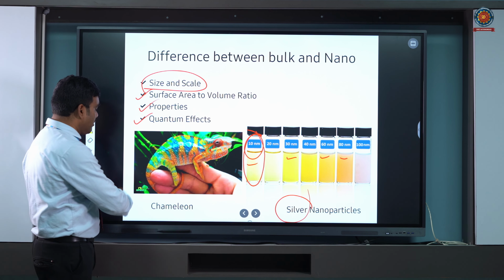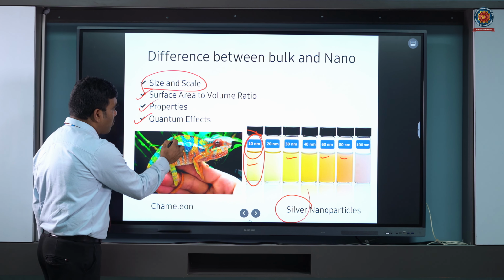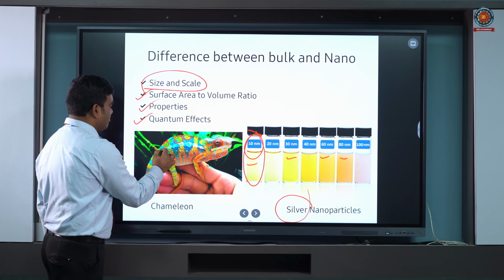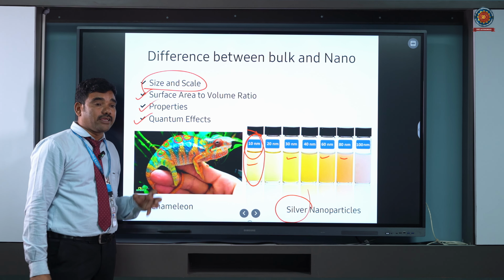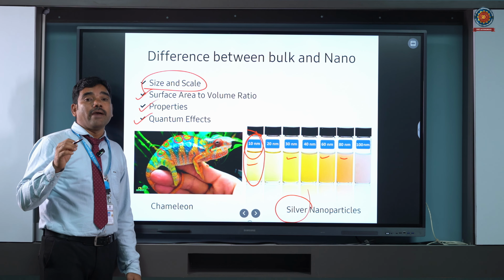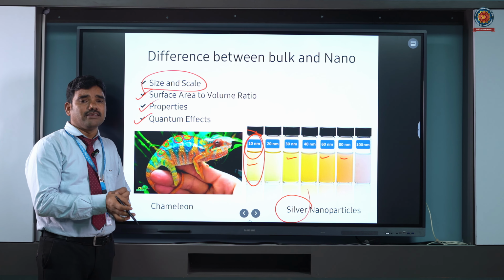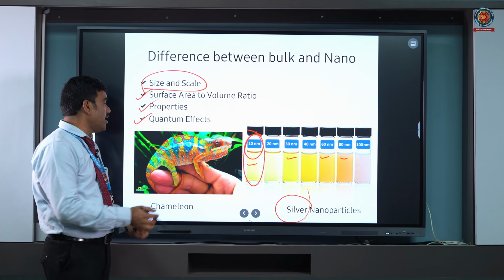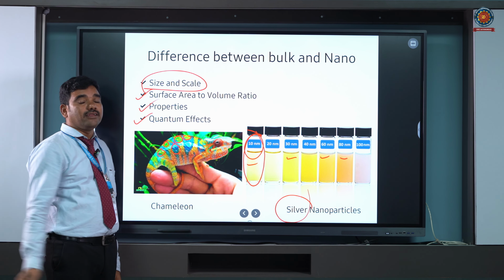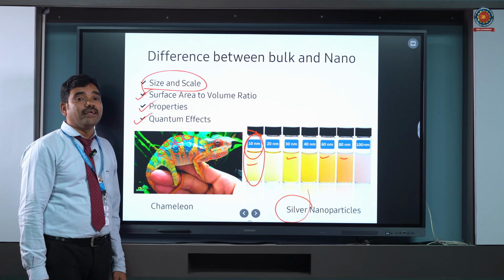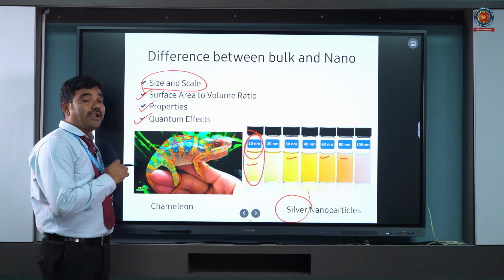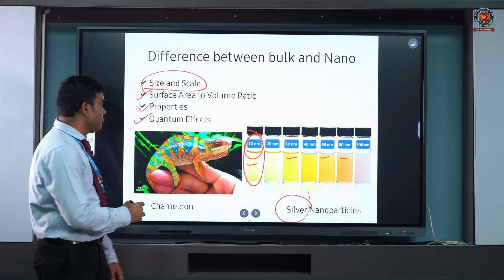See this chameleon. Chameleon skin has different colors because the skin has nanoparticle cells. Our human cells are at the micro level, but chameleon skin cells are at the nano level, and they have different grain sizes.